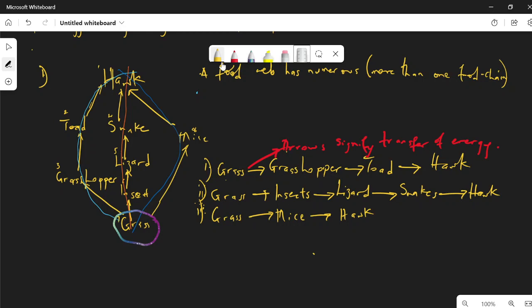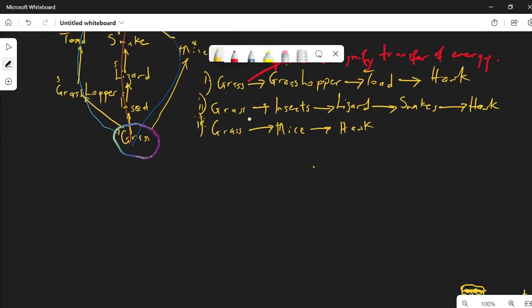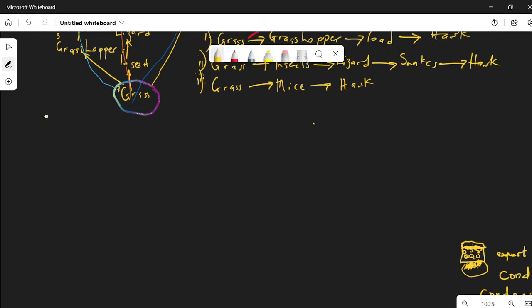Do we understand that? We could also have other types of food web. Let us see another example.